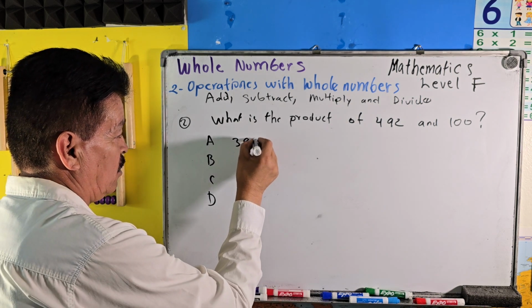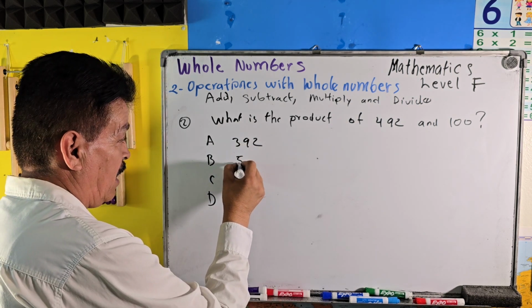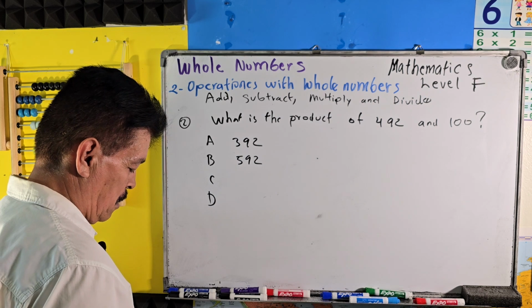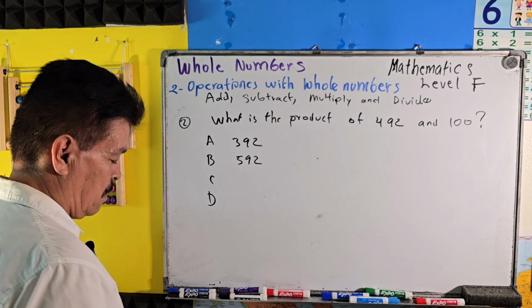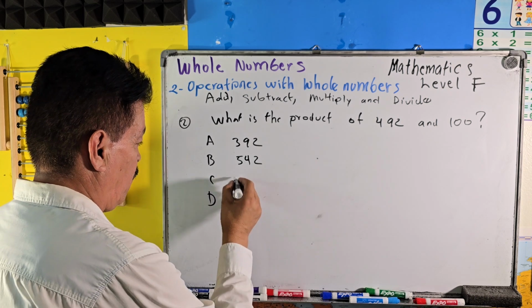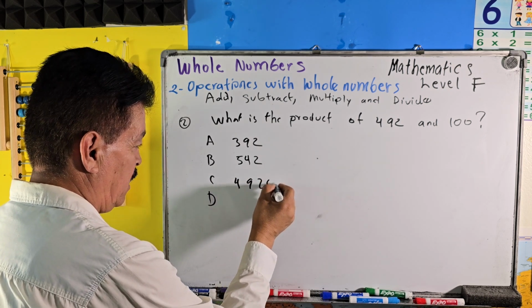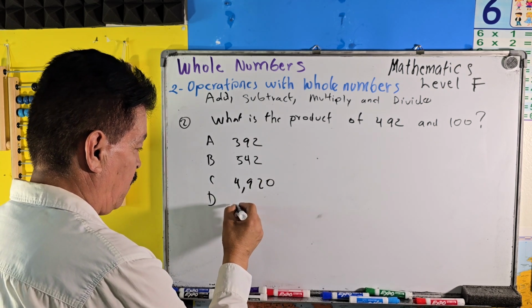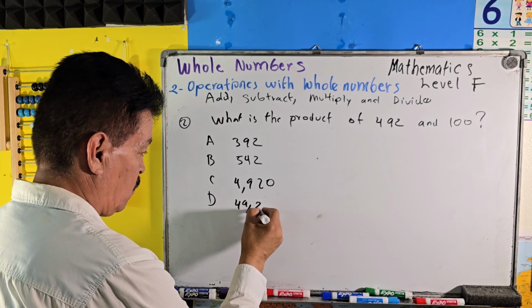It's 392, the first one. 592. No, 42. 42, and then 4,920, and then 49,200.